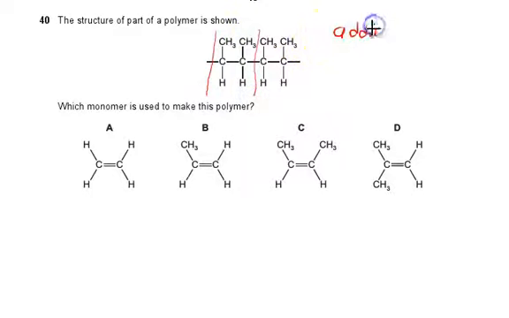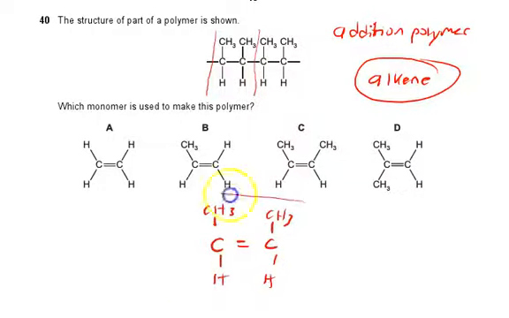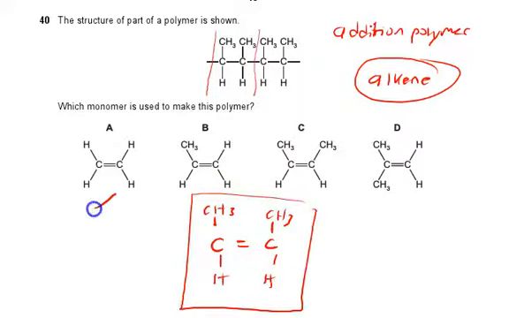Addition polymers come from alkenes with a double bond. So here it should be C double bond C. You have hydrogen and hydrogen. So this is the monomer. So A is not, B is wrong, D is wrong. So your answer is C here.